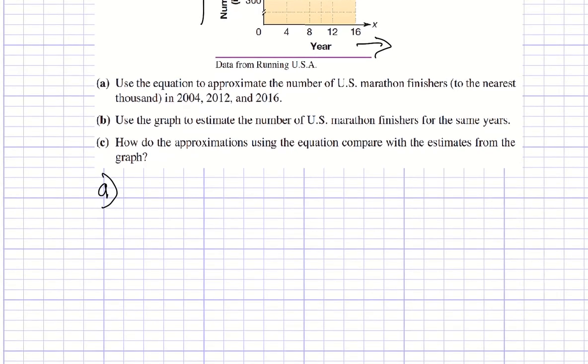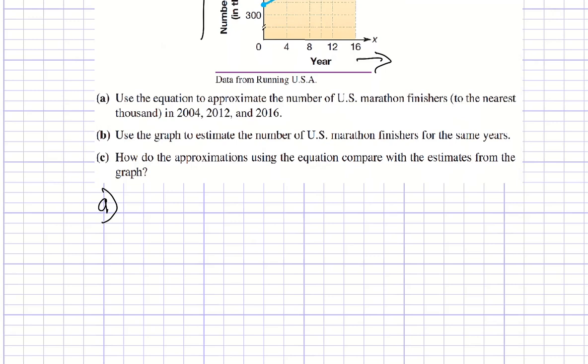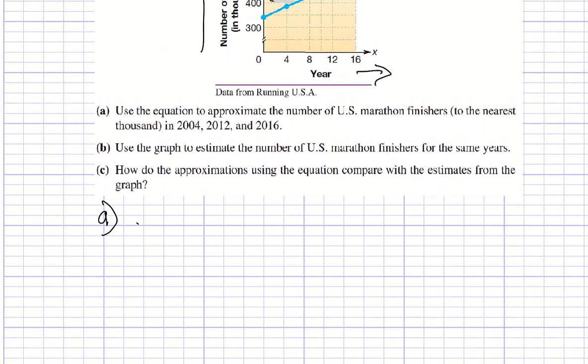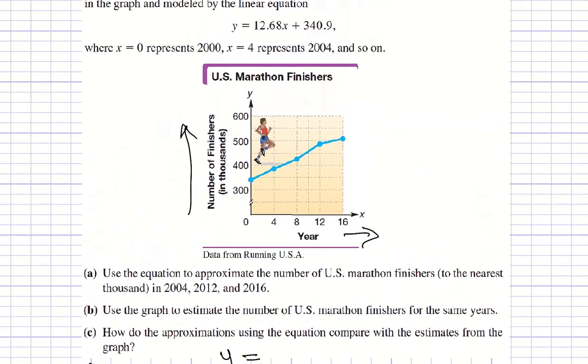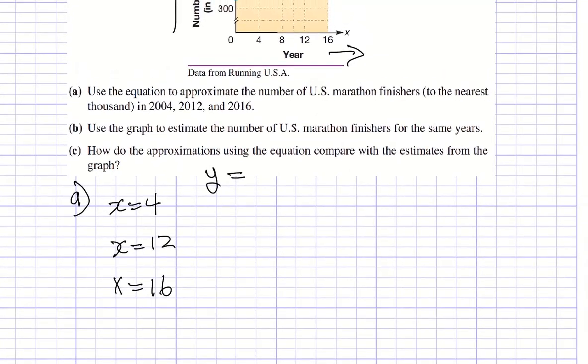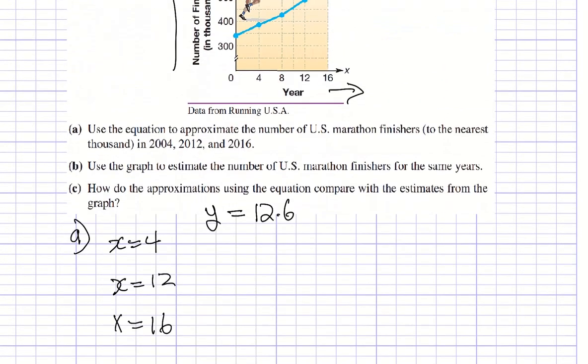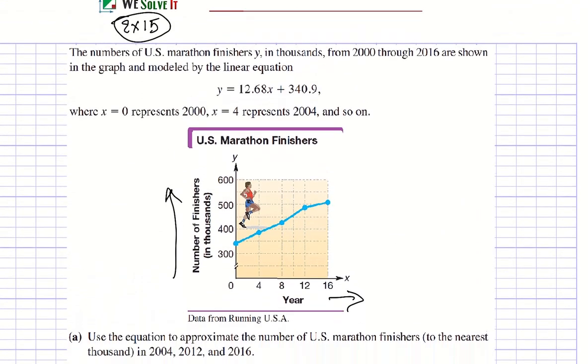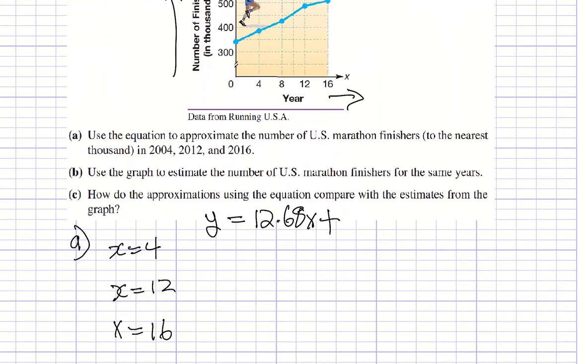So the equation given to us, they want us to approximate x equals 4, x equals 12, x equals 16. Given this equation, y equals 12.68x plus 340.9.